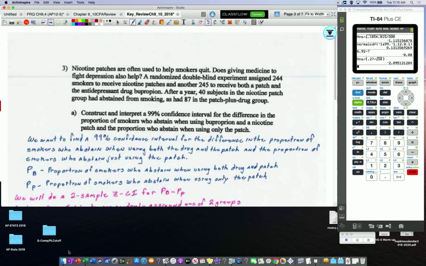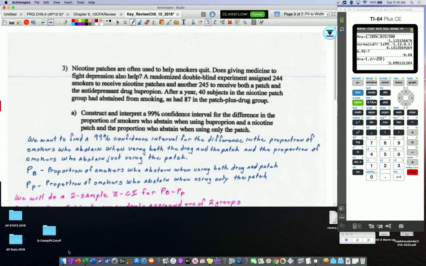So number 3 says, nicotine patches are often used to help smokers quit. Does giving medicine to fight depression also help? A randomized double-blind experiment, wow, chapter 4 terms right there, assigned 244 smokers to receive a nicotine patch and another 245 to receive both a patch and an antidepressant drug, bupropion, if that's how you pronounce it. After a year, 40 subjects in the nicotine patch group had abstained from smoking, while 87 in the patch plus the drug group had abstained.